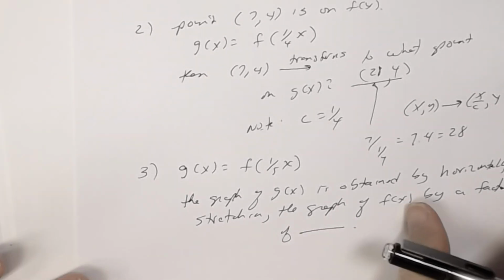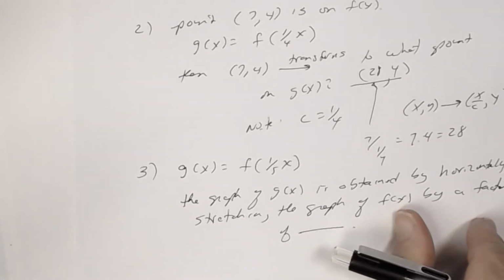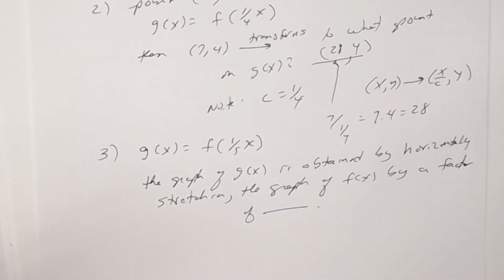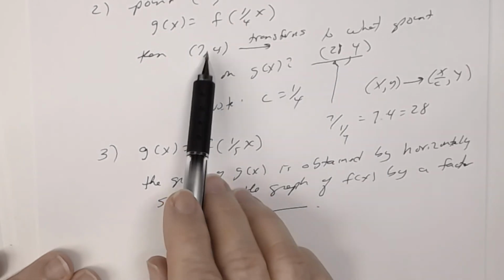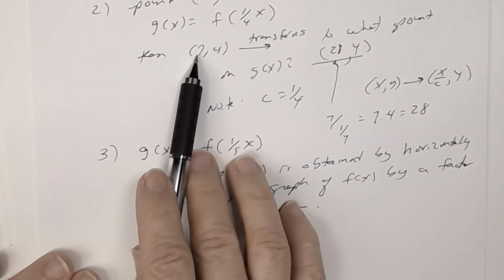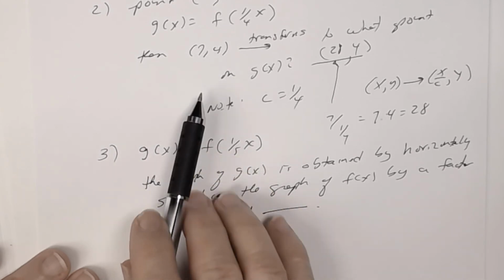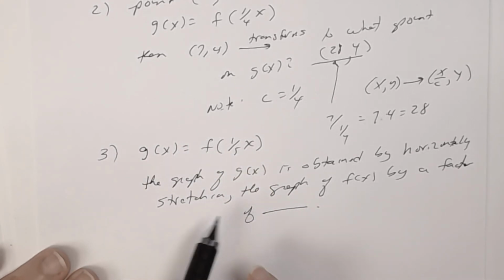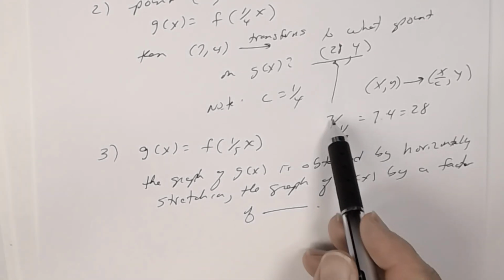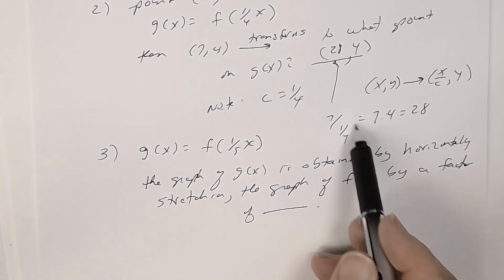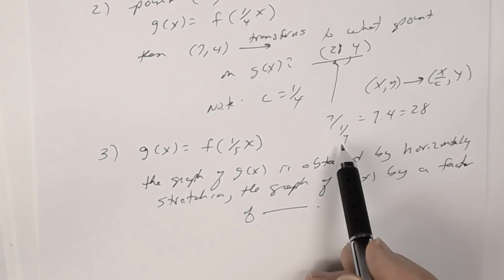Now, this is where some of you are going to make a mistake, and I don't want you to do that. Your mistake is going to be that you're going to say 1/5. Remember, guys, you're not multiplying x by c. You're dividing x by c. So your factor, remember, factors think of multiplication, is the reciprocal of c.